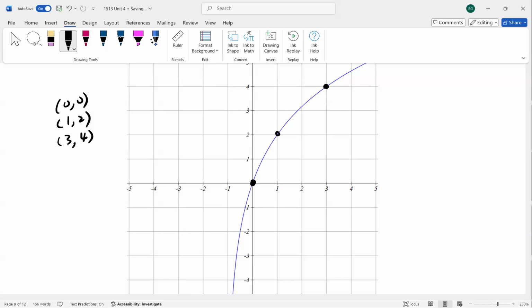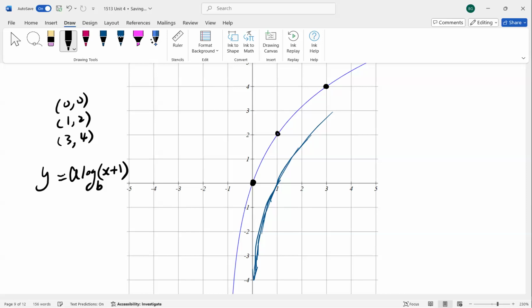The simple log function always passes through (1, 0), that's the x-intercept, with the y-axis as asymptote. So it seems our curve is shifted to the left 1 unit. That's very obvious, right? So the function should be shifted to the left 1 unit, so +1 here.